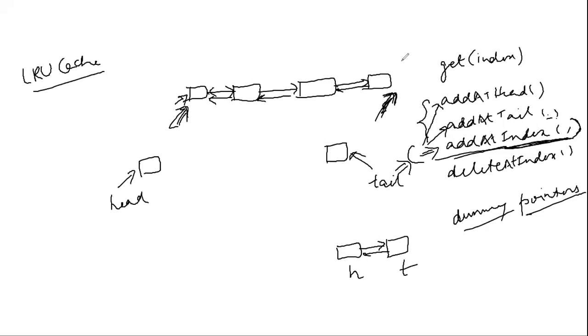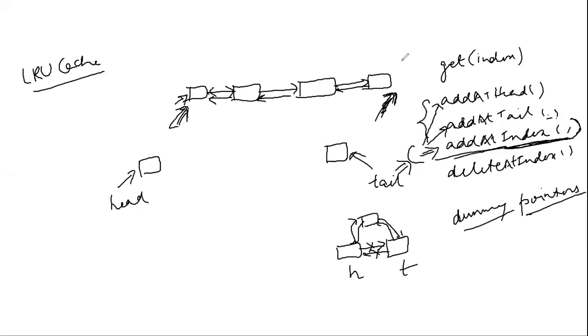Now, if somebody asks me to insert something, I have to insert something here. We'll do those normal linkings: do this, break this link, do this, and break this link. It's a couple of pointer exchanges.